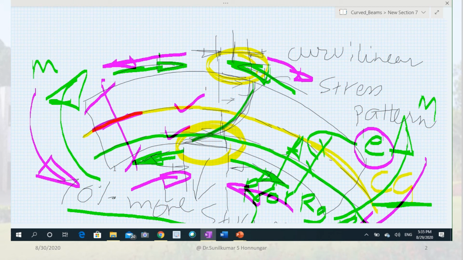The beam is initially curved, and the stress formula is derived according to Winkler-Bach theory. The beam section remains straight even after bending. The equations you are supposed to know are sigma bi equal to M ci divided by A e ri, and sigma bo equal to M co divided by A e ro.